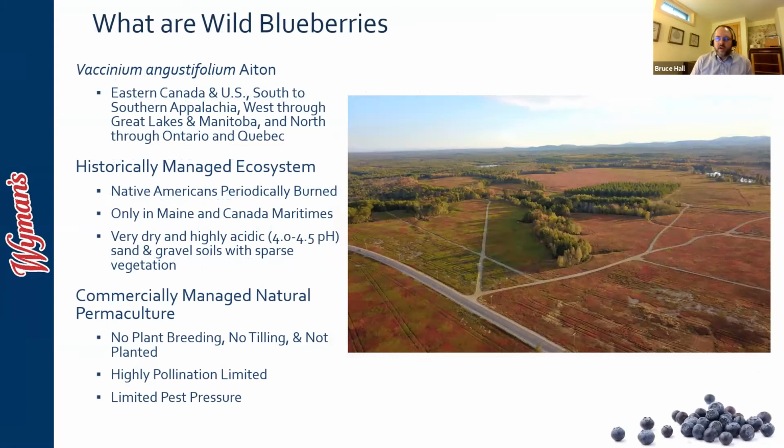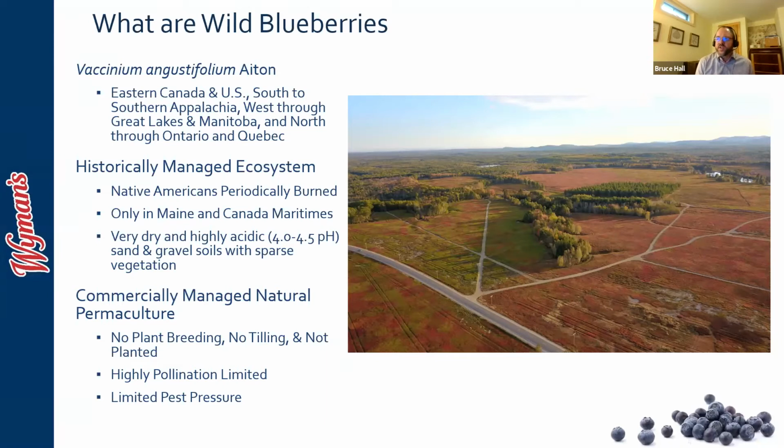What are wild blueberries? Taxonomically, wild blueberries are Vaccinium angustifolium. For those of you in Europe, you may often hear of wild blueberries also being referred to as bilberries. That's a different species of Vaccinium outside of the wild blueberries we have in North America.